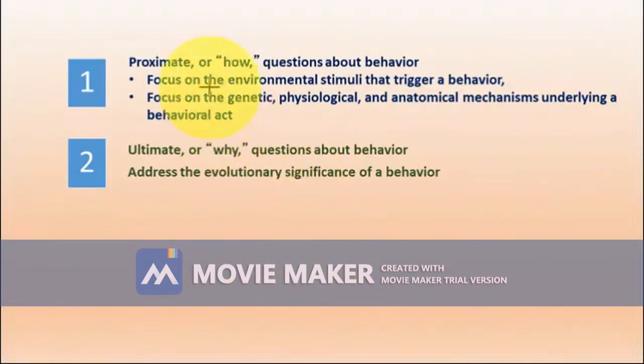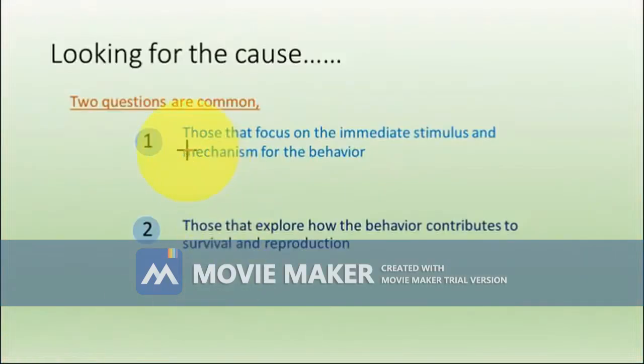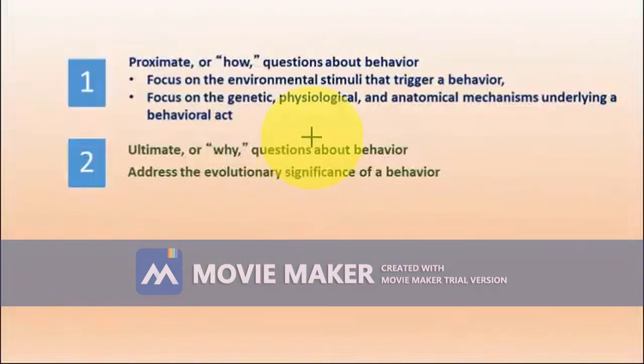So in the first case, if you question how, these how questions about behavior focus on the environmental stimuli that trigger a behavior. Whatever stimuli is immediately there in the environment will trigger a behavior in the animal.